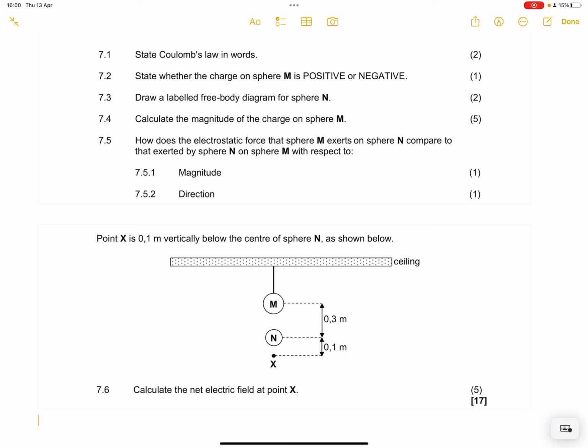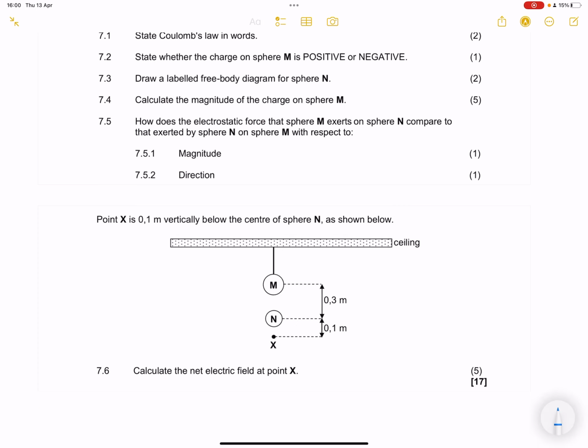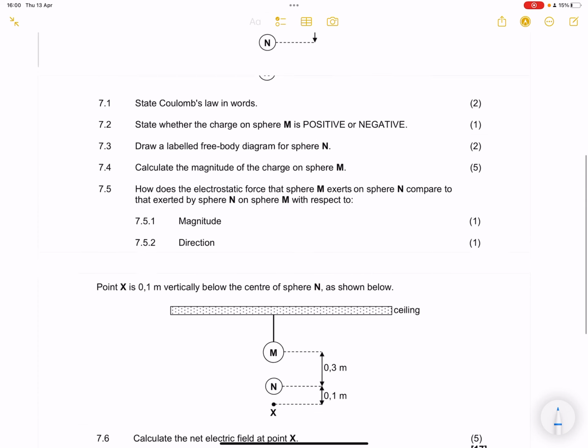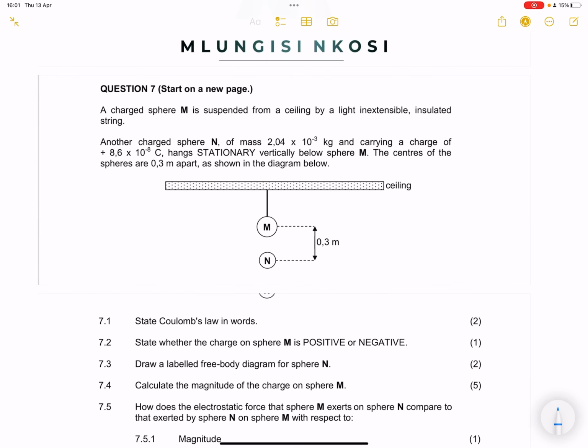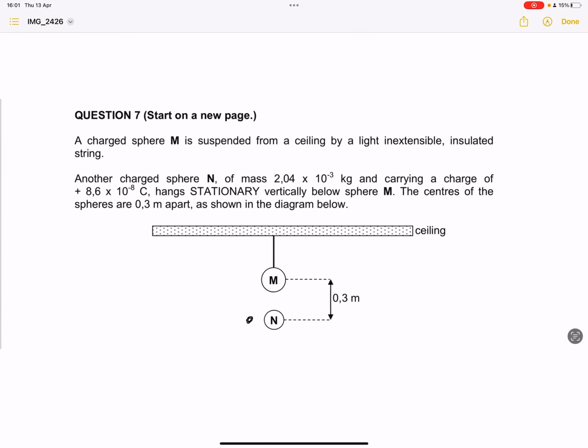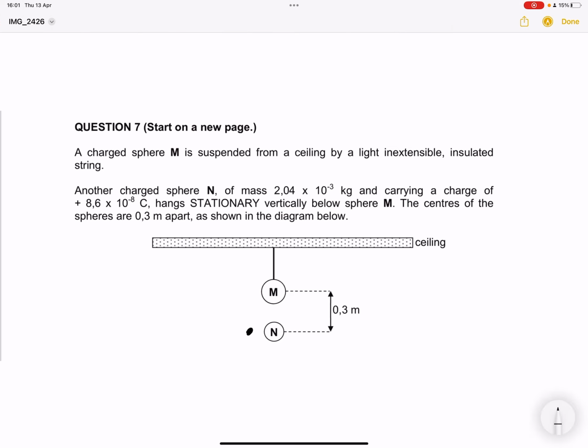All right, 7.2. Moving right along, we're going to be really quick about this. State whether the charge on sphere M is positive or negative. Now, I want you to think about it. You've got sphere N, which is actually suspended in the air. Already we know that there's a force of gravity acting on N, down.